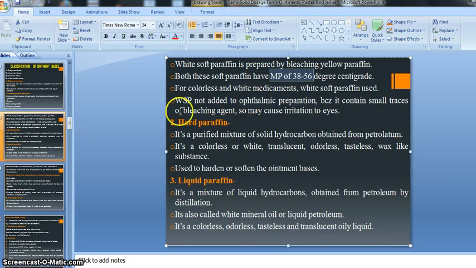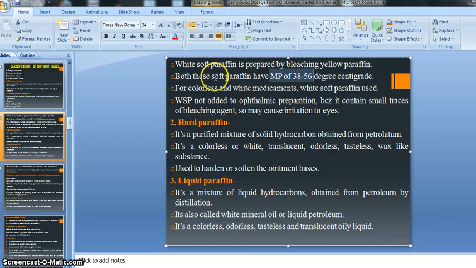We know that the base is available in the solid form, sorry, not semi solid form. Our soft paraffin is physically available in solid form, right? And after providing heat, it becomes a liquid.